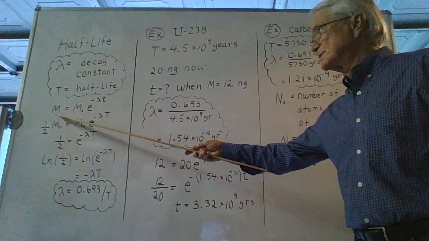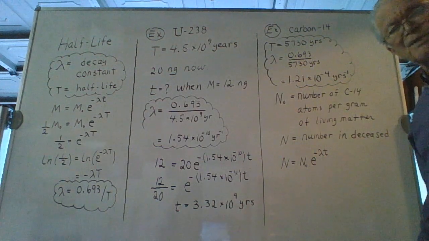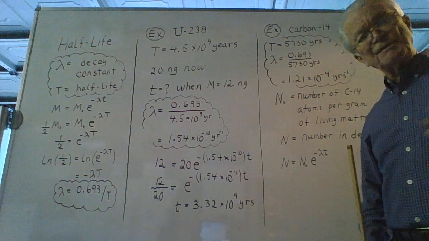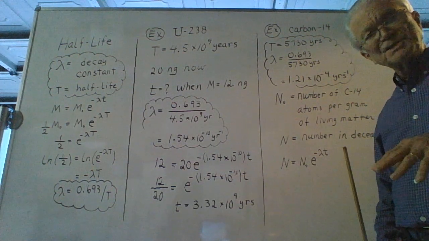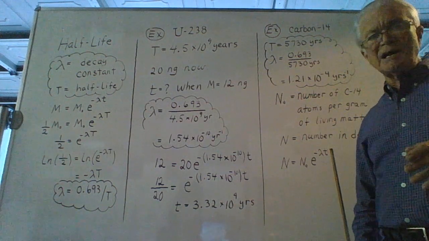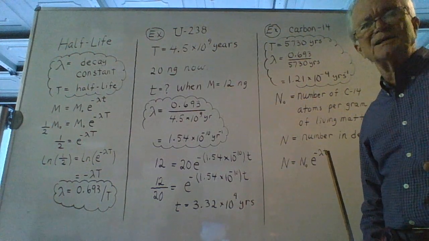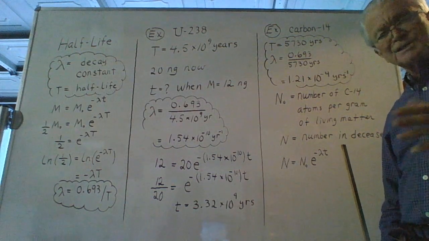Instead of m's for the masses, I'll let n be the numbers of atoms present for n naught in a gram of living tissue. Once that organism dies, the number of atoms per gram in the dead specimen or artifact or fossil is less.